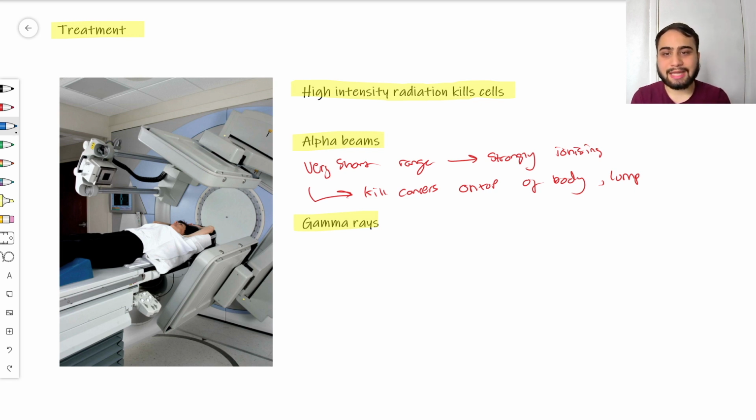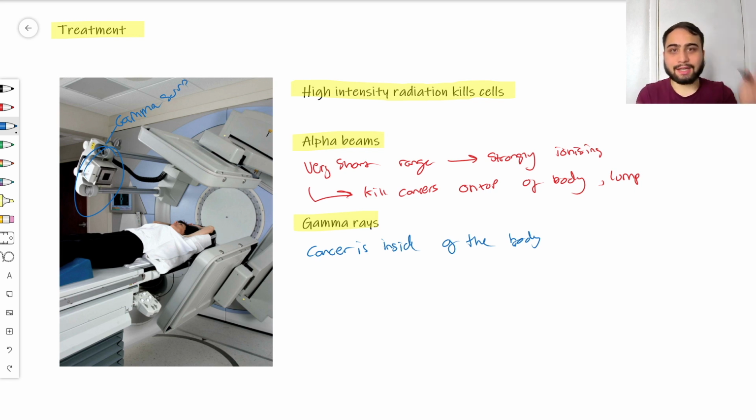Then we can use gamma rays when cancer is inside of the body. Okay, so that's what this machine right here is doing. Inside there is a gamma source, and this entire mechanism is on motors, right?